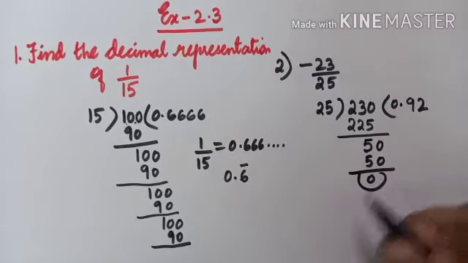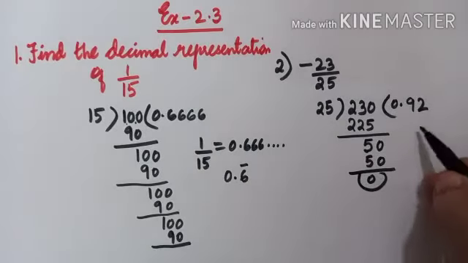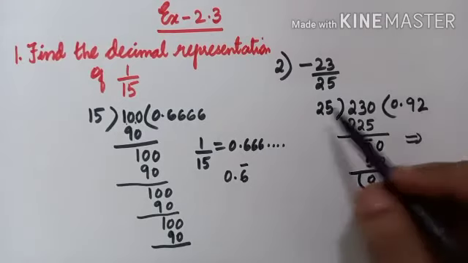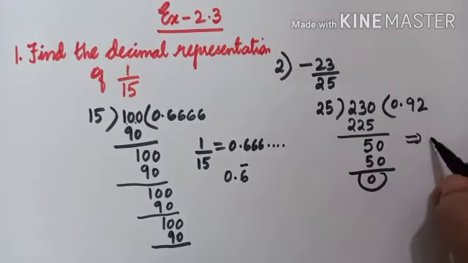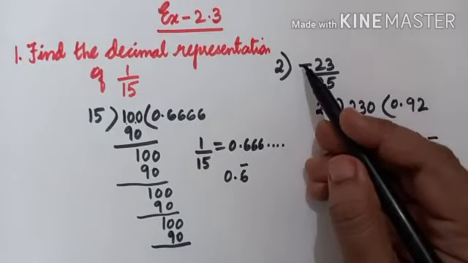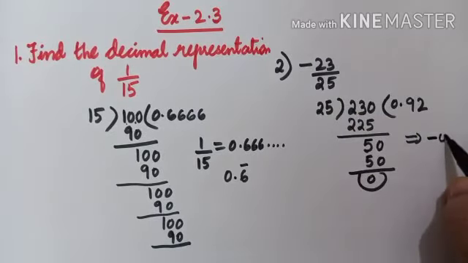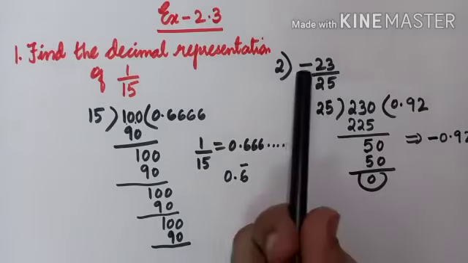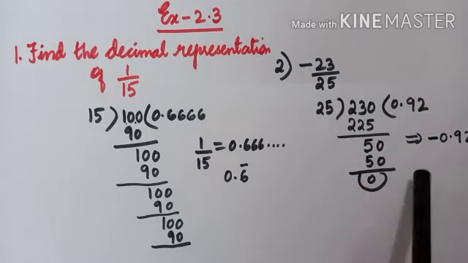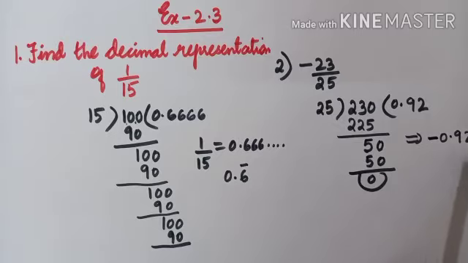So you're getting remainder as 0. So what you got as the quotient here is 0.92. So now you can add the negative sign and write 0.92, that is minus 0.92. So minus 23 by 25, decimal representation is minus 0.92.